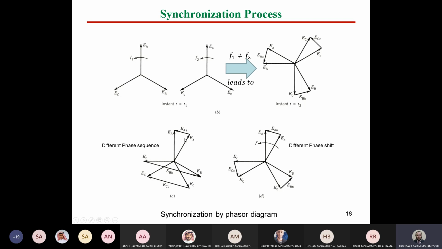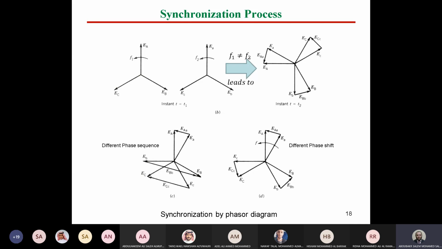As you can see, there is a phase shift between A capital and A small. However, you will find for the grid, small letters, the sequence is A, C, B. However, the other is A, B, C. So the sequence here is different, along with a small phase shift between the two phases as well. So these are the different cases where the conditions are not fulfilled.